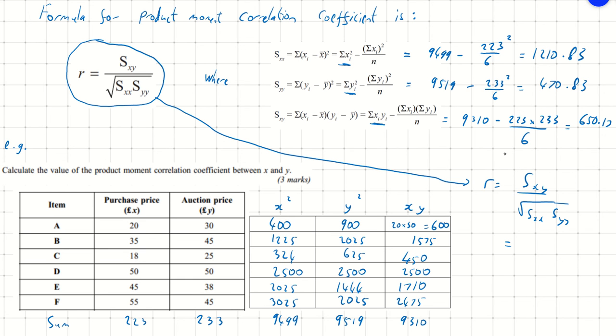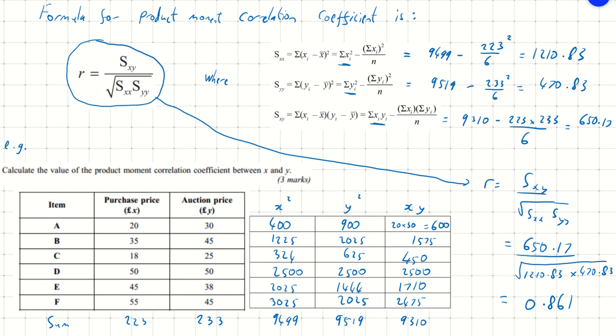And we worked out all of these things. The thing on top, SXY, is 650.17. We're going to divide that by the square root of 1210.83, and SYY is 470.83. And if you plug that all into your calculator, you get an answer, a correlation of 0.861.